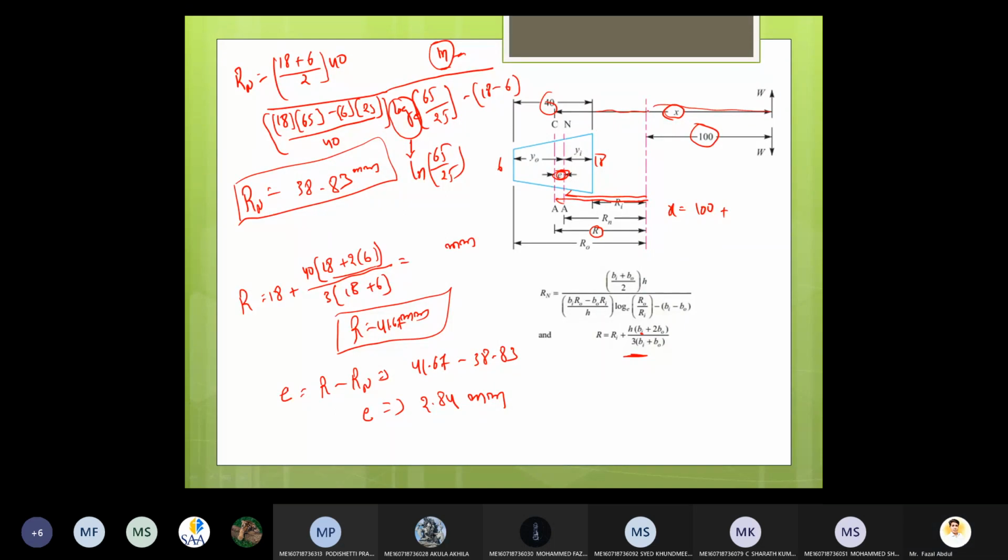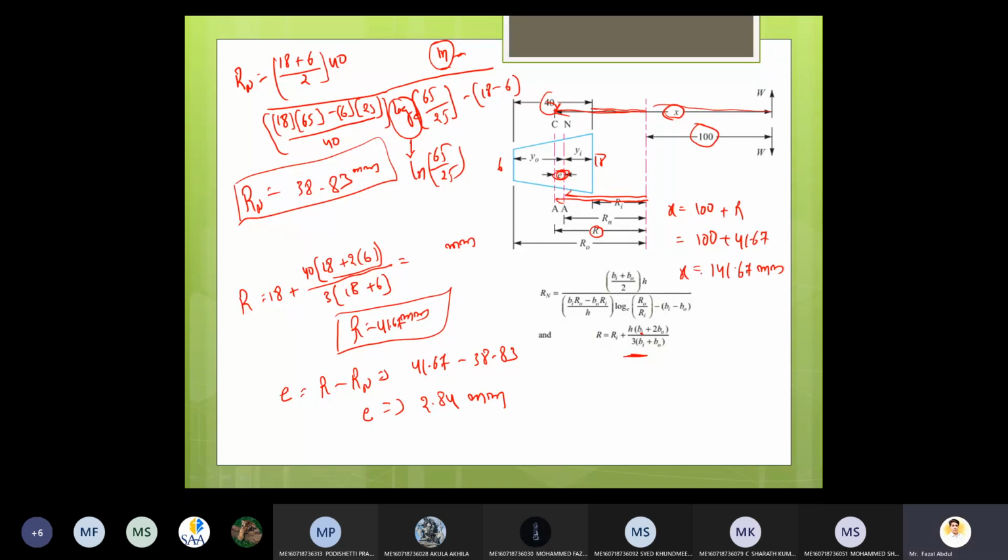Otherwise we know the value of capital R from here to here. That is 100 plus capital R, how much? 41.67, that is 141.67 mm.